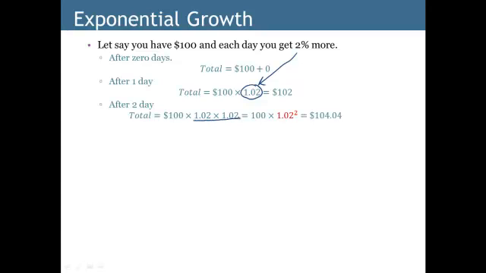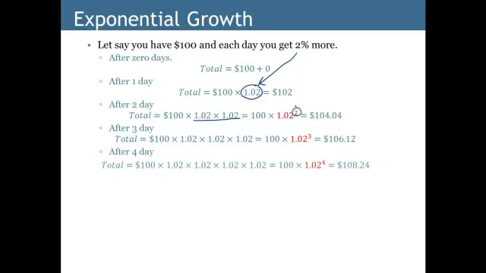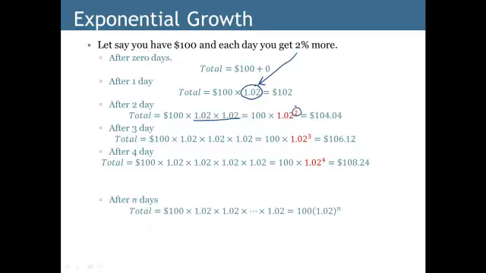Once for the first day, once for the second day. That's like saying 1.02 squared, a short way to do that formula. Third day, there's 3 of them, so it's cubed. Fourth day, you multiply 4 times, so that's to the 4th power. And after n days, you're multiplying n times, so we have an nth power here. That's the idea of exponential growth.